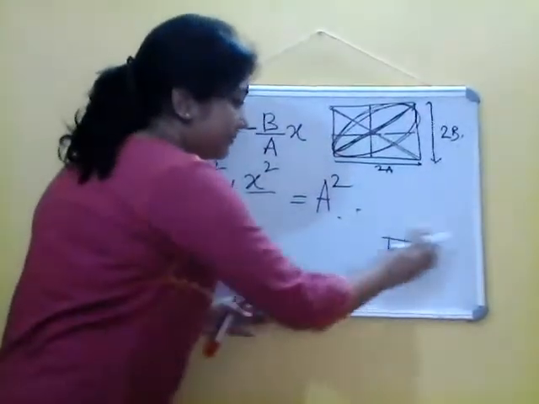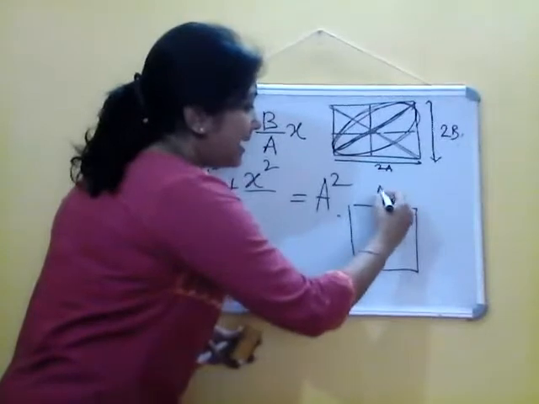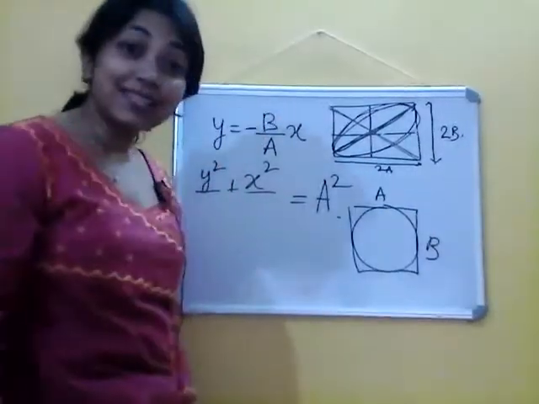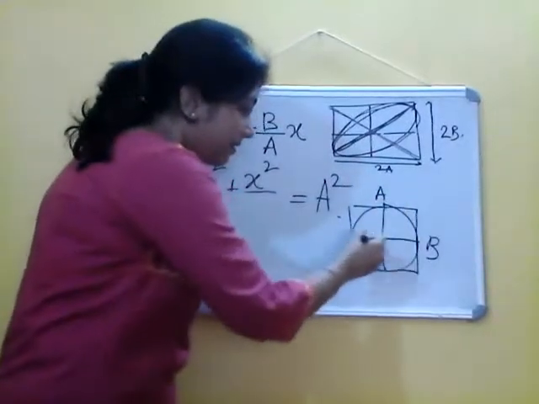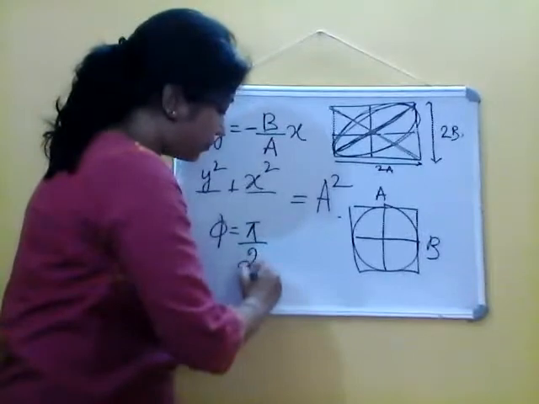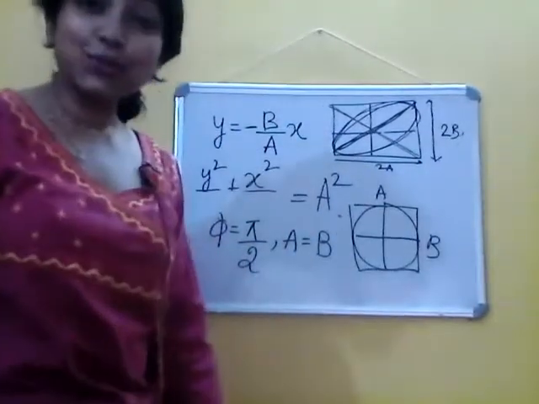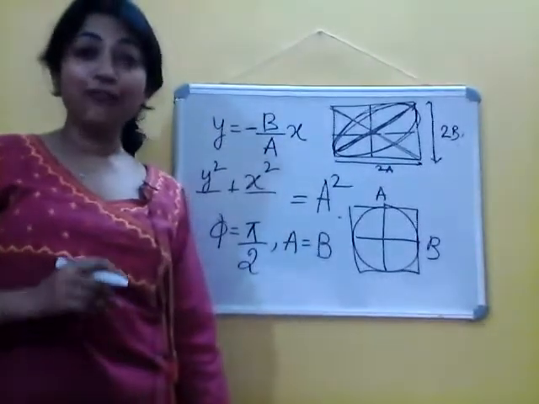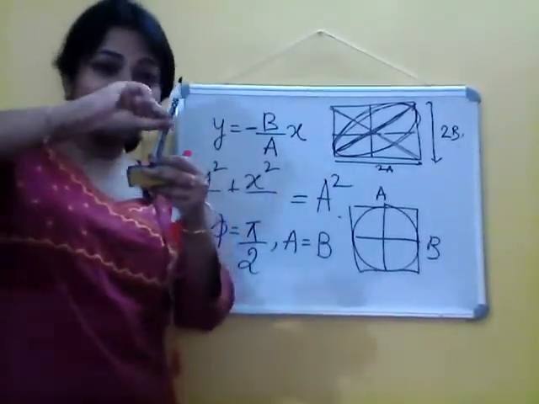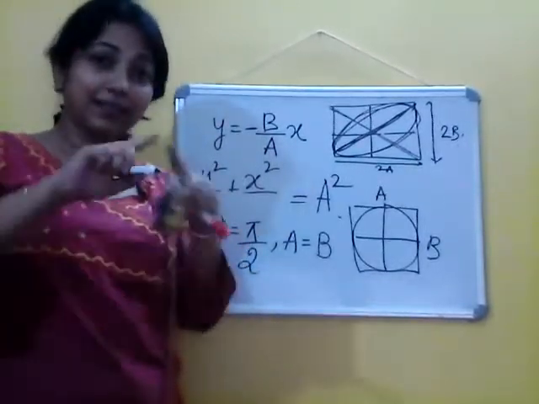This is the circle, right? So this particular factor, when phi is equal to pi by 2 and A is equal to B, brings us to the condition of circularly polarized light, where the electric field vector is tracing the path of a circle, and the radius is not changing.